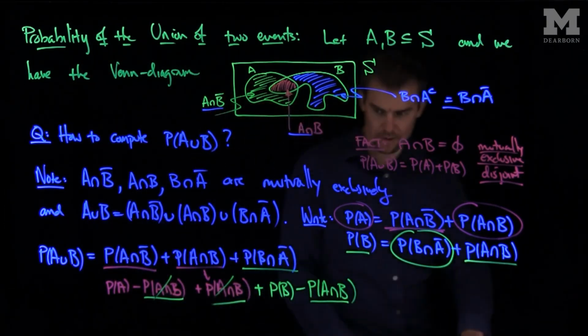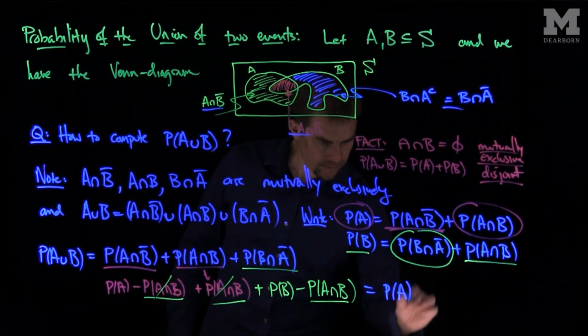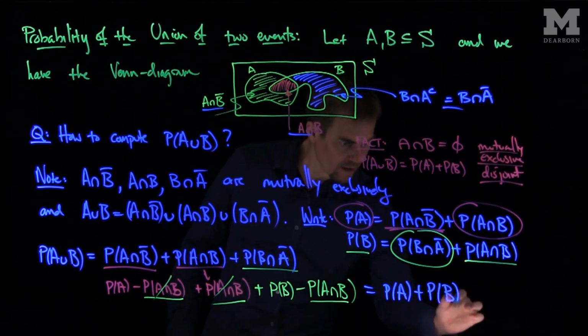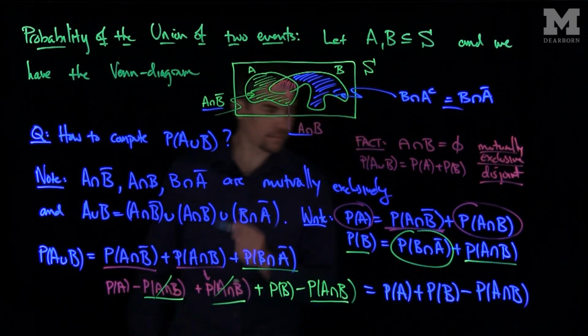And I'm left with the formula that the probability of A union B is the probability of A plus the probability of B minus the probability of A intersect B.